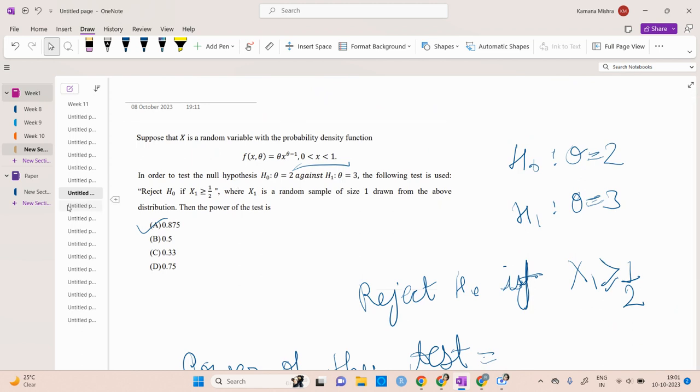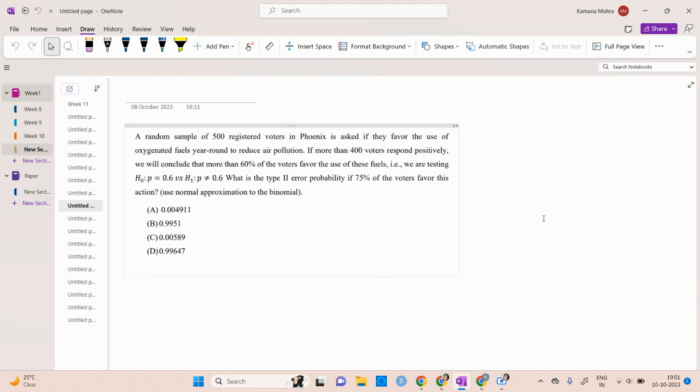So we are done with this question. Now the next question is that we have a random sample of 500 registered voters in Phoenix, asked if they favor the use of oxygenated fuels year round to reduce the air pollution or not.